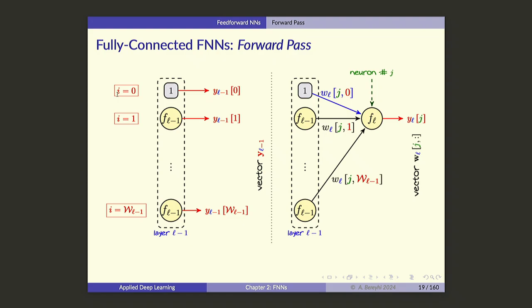So I could be 1, 2, 3 till the last one, W of L minus 1. So I am going to write it down as the summation, I running from 1 to W of L minus 1.